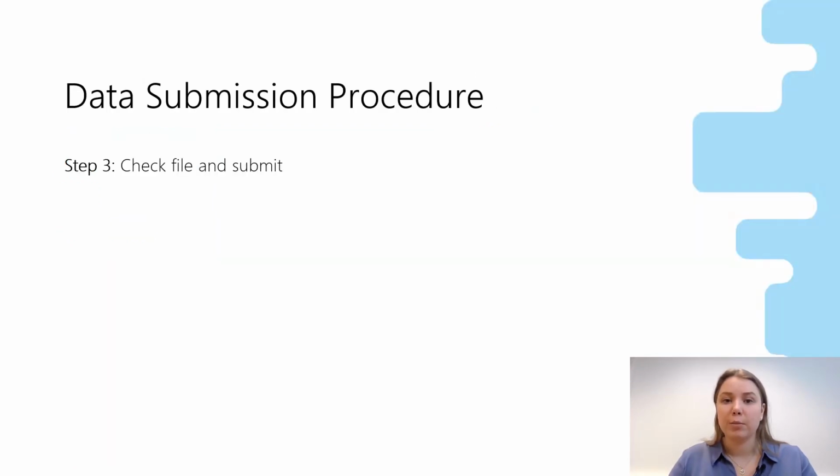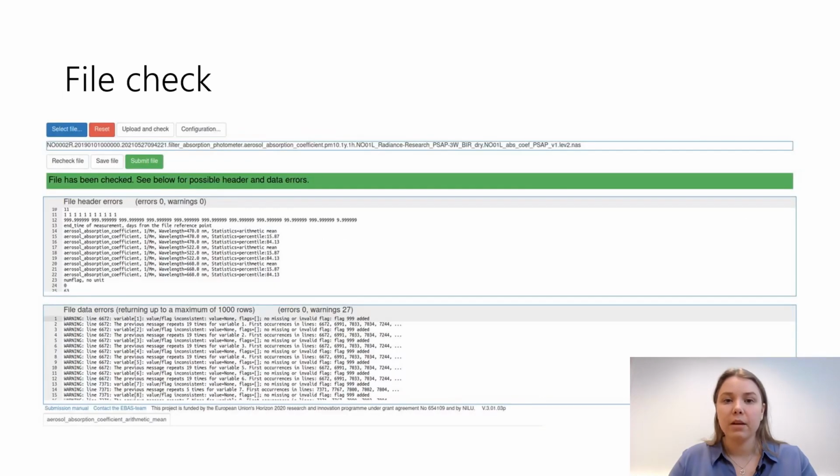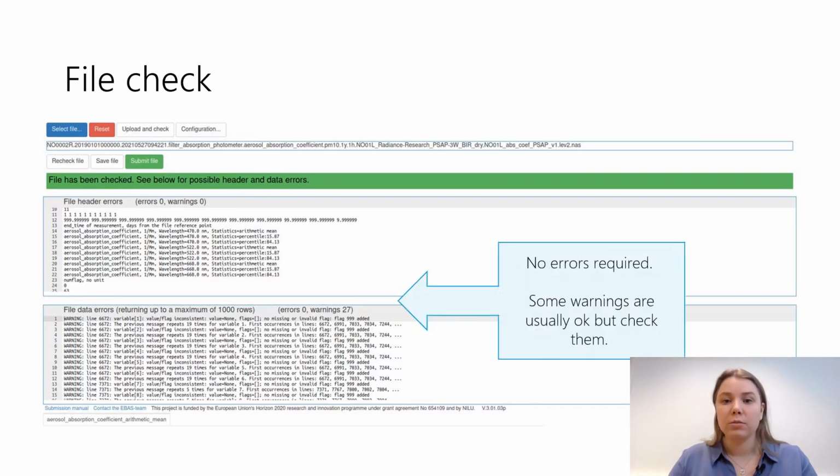After your file is assembled with both metadata and data, the next step is to check it and submit the file. This is done through the EBAS Submit tool, which you can find here. The file check system looks like this. You need to make sure that there are no errors, as this is required to be able to submit the file.